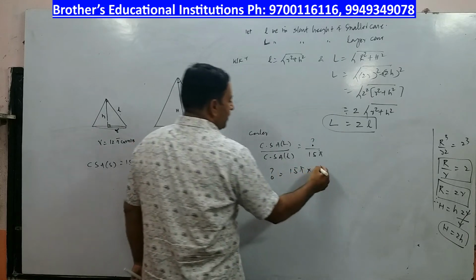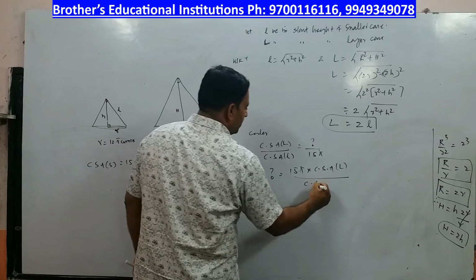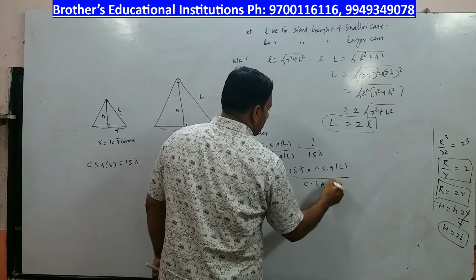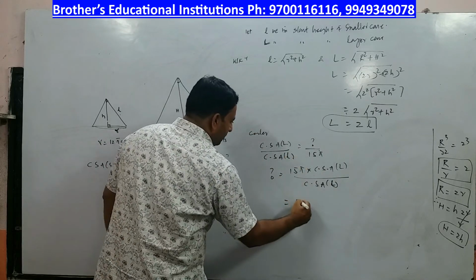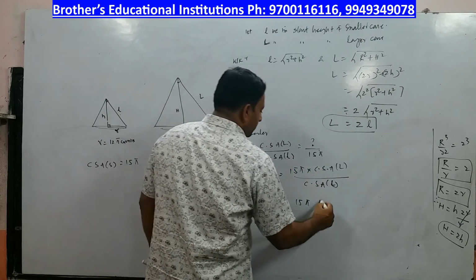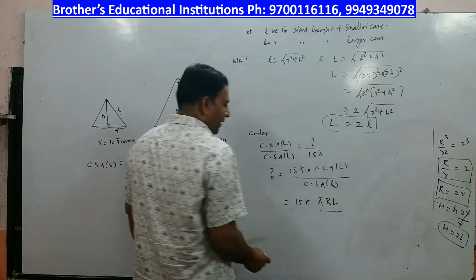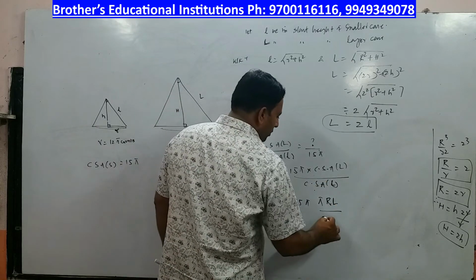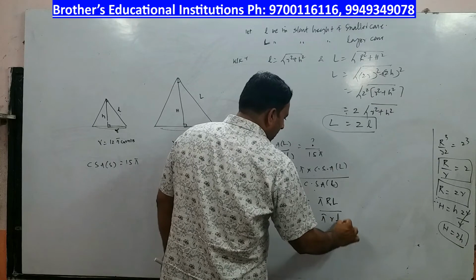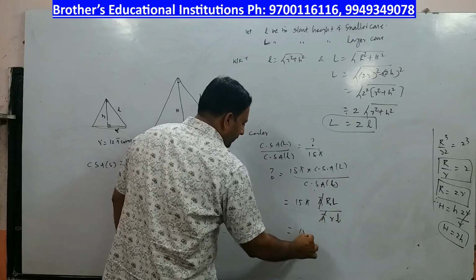into the curved surface area of the larger cone by the curved surface area of the smaller cone. Now let me put the formula. The curved surface area of the larger cone is pi capital R capital L, by the curved surface area of the smaller cone, pi r l, small l. Pi and pi cancel. Now you have 15 pi.